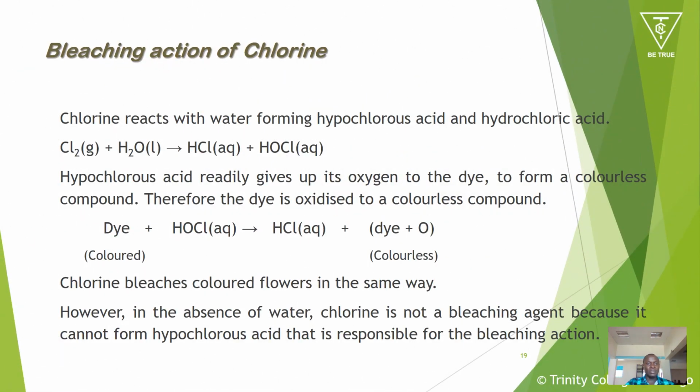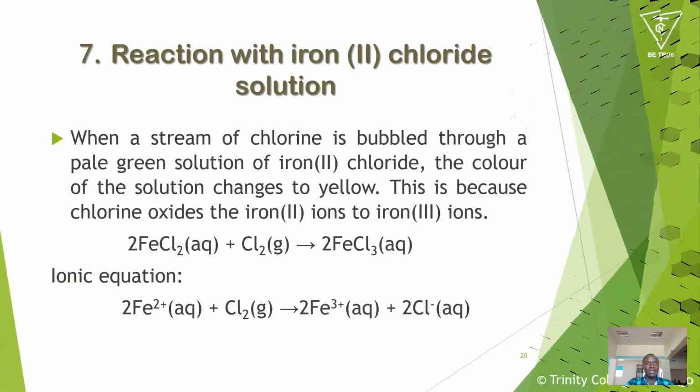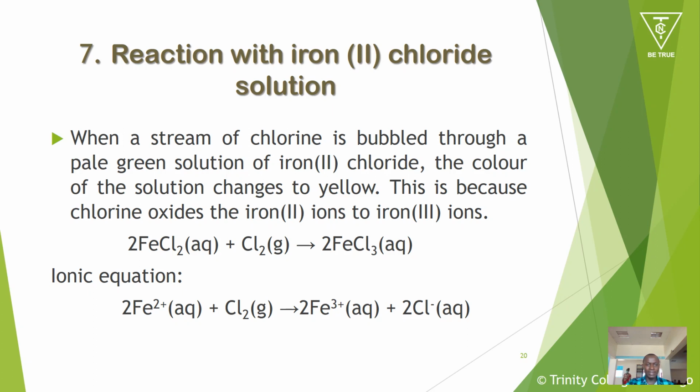We have already seen the bleaching action of chlorine, and now the reaction with iron(II) chloride solution. This is another example of oxidation reactions of chlorine, in which chlorine removes electrons from iron(II) ions. I want you to be keen about that.